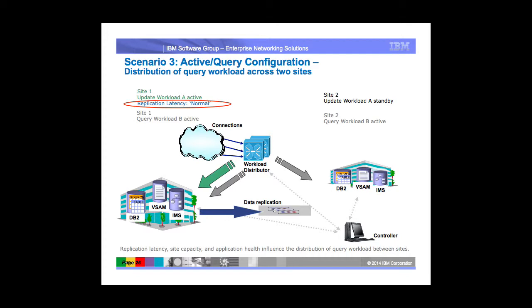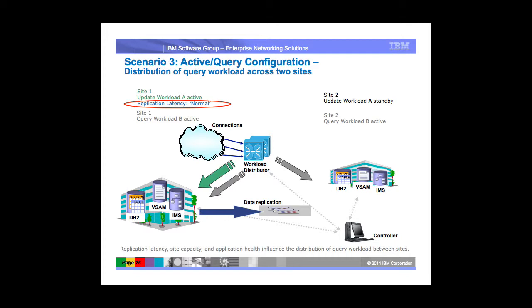But if my data is not fresh enough, then I need to make sure I'm getting accurate information. And so we have the ability for you to set SLAs for how stale your data can be. Is that 2 seconds? Is that 5 minutes? What makes sense for your business, that if the data is not that fresh or fresher, then you're going to go to the primary site regardless, right?